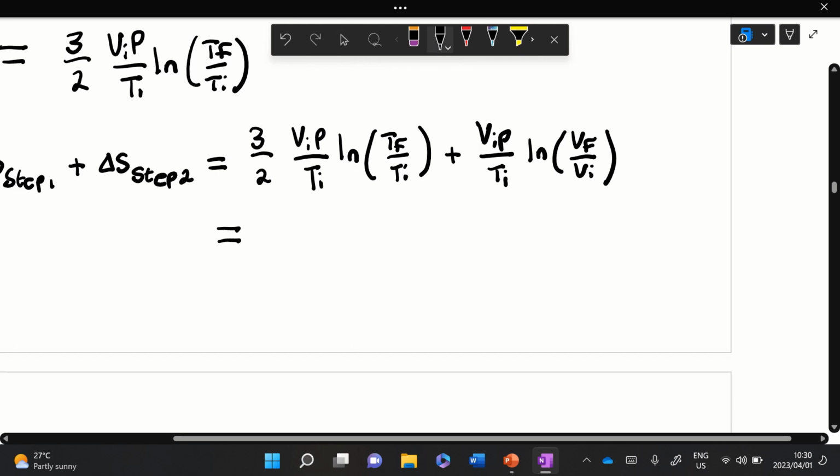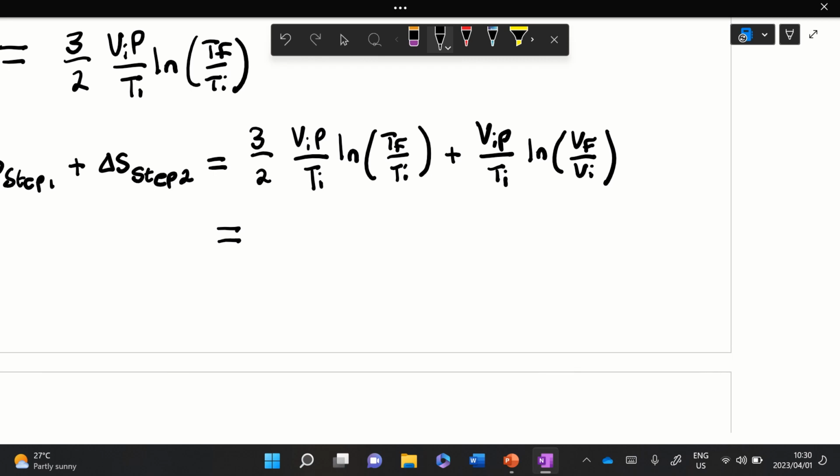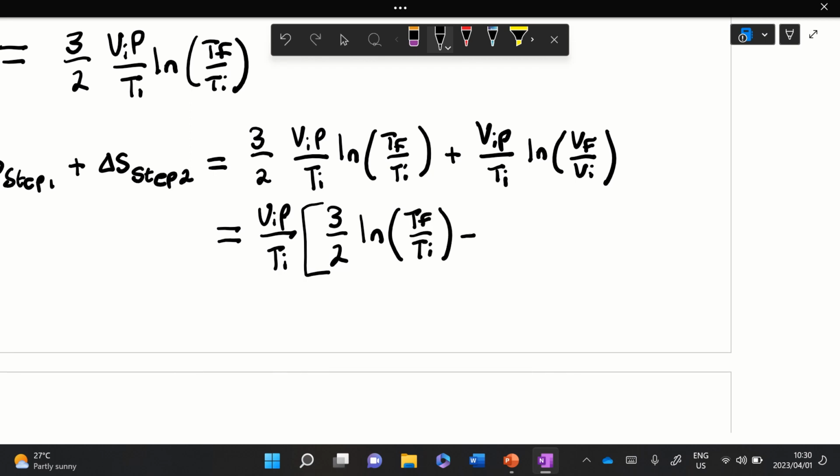Let's take out this common factor. You see the VIP over the TI, so we are left with VIP over TI times 3 over 2 ln of TF over TI plus ln of VF over VI.